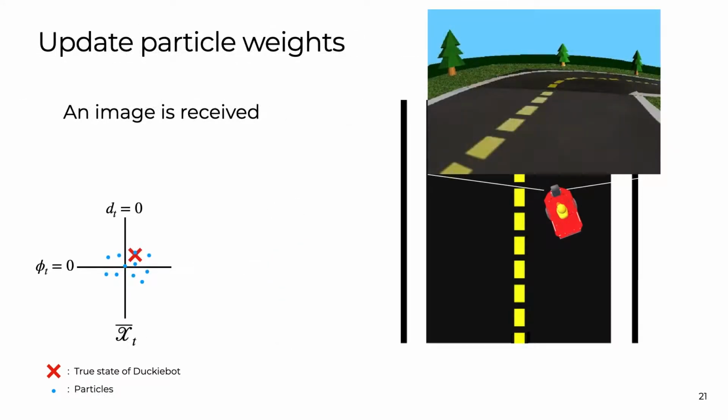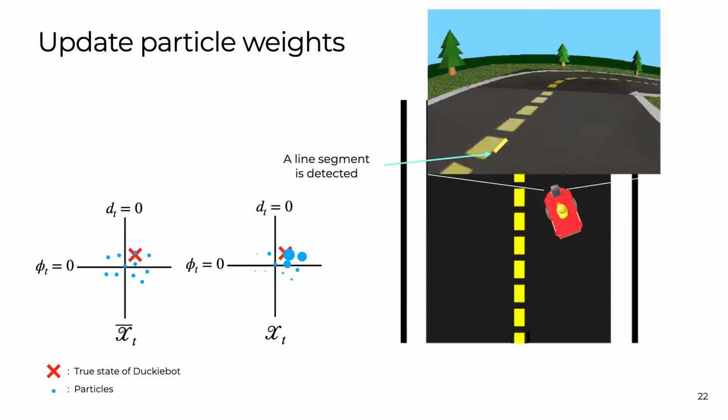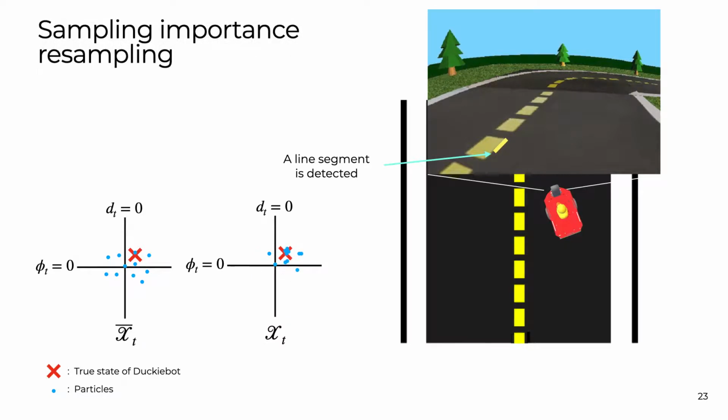Then we receive an image from the camera and detect a road line in it. We can use this road line measurement to update the weights of the particles, making the ones that are more consistent with the lane marking higher and those that are less consistent lower. Here the weights of the particles are indicated by their sizes. Finally, we might choose to resample the particle set, and many of the very low-weighted particles will not get resampled.